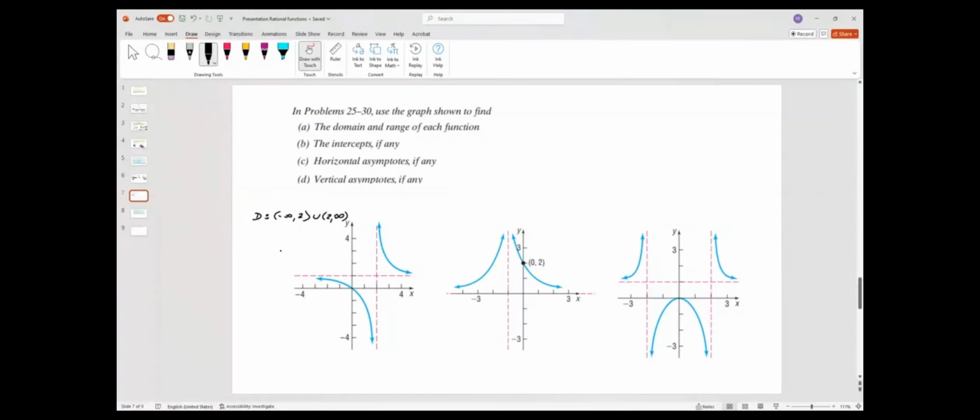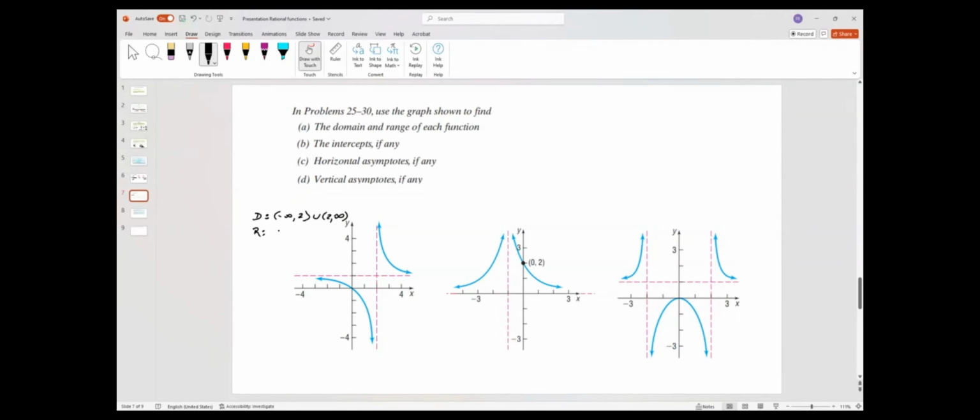Now, we're going to analyze the range of the function. So the range of the function, you see that there is a horizontal asymptote at y equals 1. The graph doesn't show an intersection with the horizontal asymptote. So the horizontal asymptote becomes a discontinuity for the range of the function.